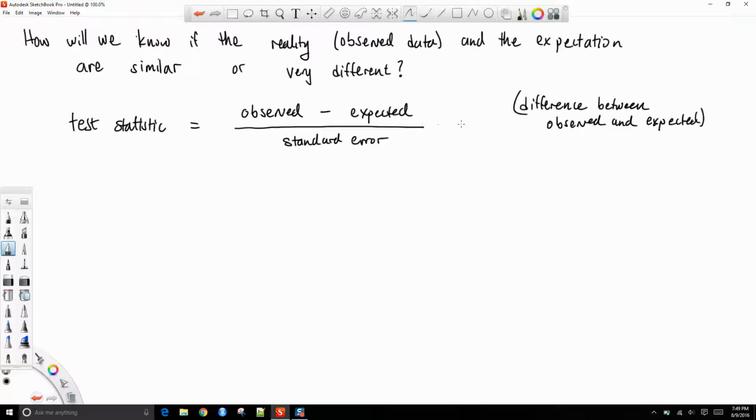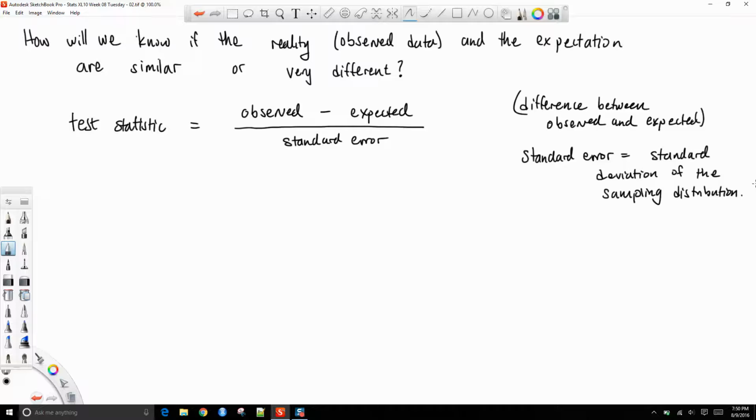Okay, and what is the definition of the standard error? You guys remember? Standard error is the standard deviation of what? The sampling distribution. Okay. Does that sound familiar?